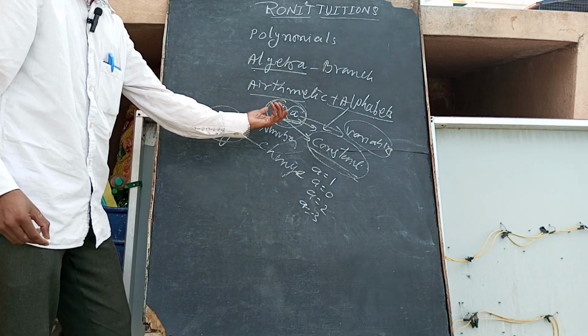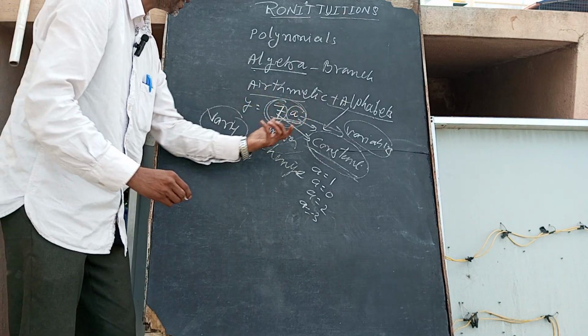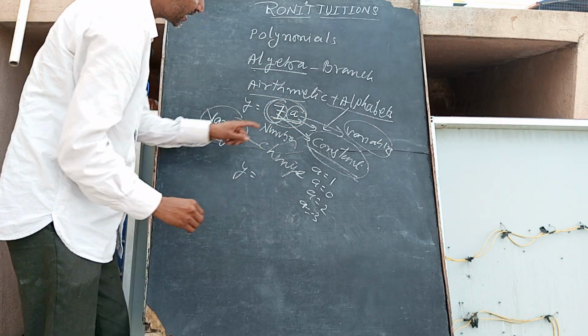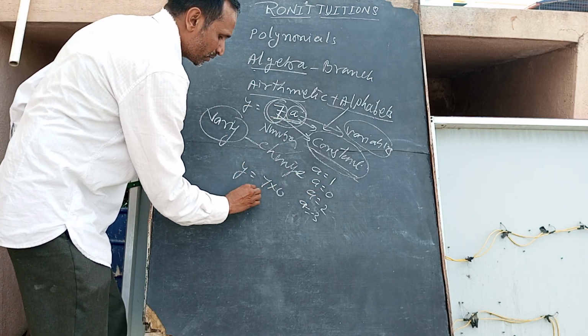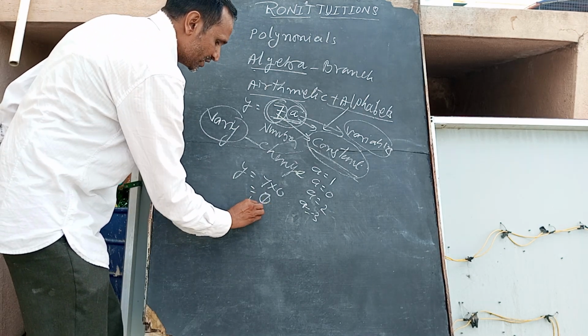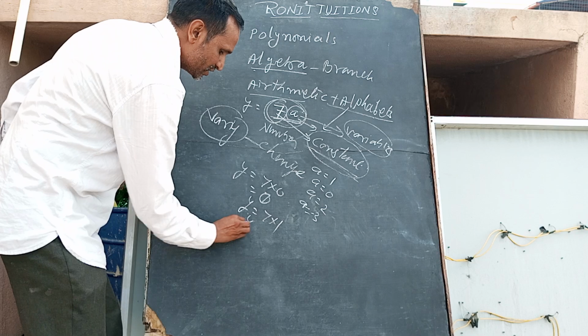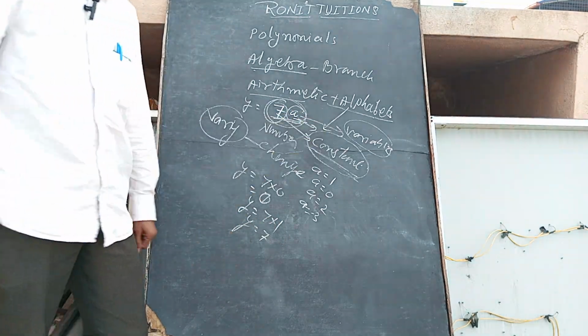Suppose y is equal to 7a. If a is 0, then y becomes 7 into 0, so it becomes 0. If I keep a as 1, then y is equal to 7 into 1, so y becomes 7. Like that it changes, so it is called the variable.